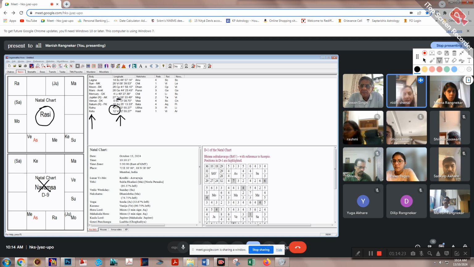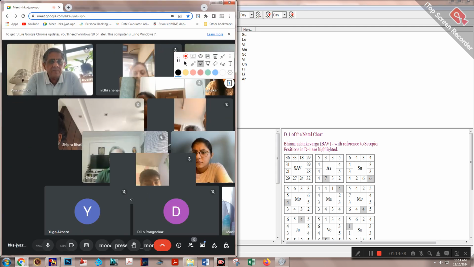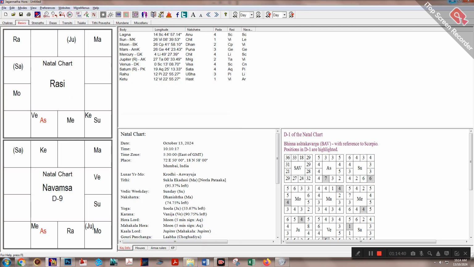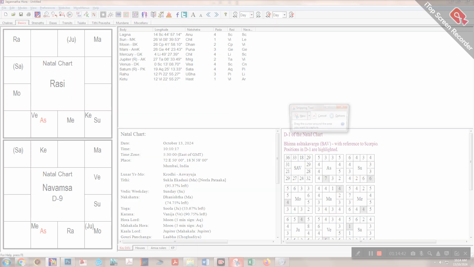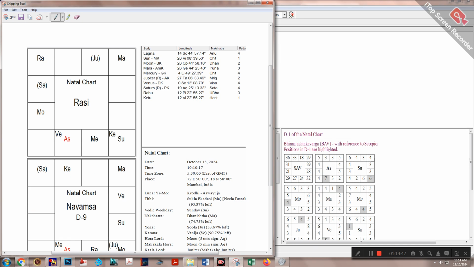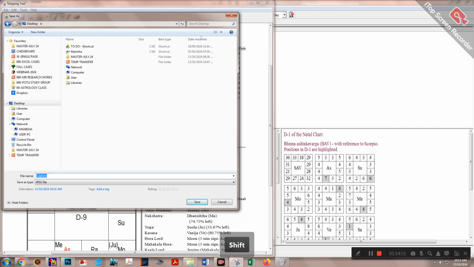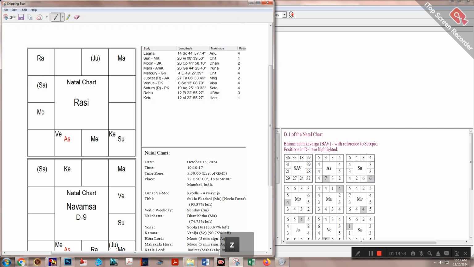I can't see the annotation, or the annotation is not working. No, Dada, we can't see your cursor. We can see your screen. We can't see where you're pointing. Annotations you cannot see. Wait, one minute. Give me 1 minute.